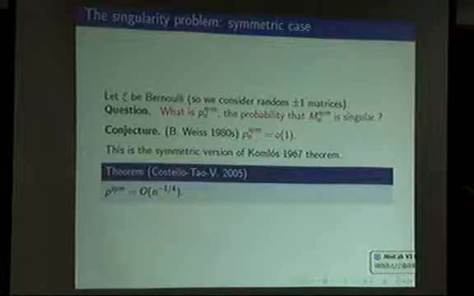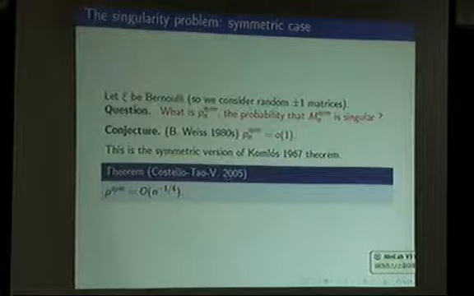In the non-symmetric case, the conjecture is that it goes to 0 exponentially fast. Of course Weiss was clearly aware of Komlós's paper, but still he made a much less ambitious conjecture. And I think probably Komlós conjectured this as well. It's hard to imagine he didn't consider this question. It's so obvious. But it took quite some time.